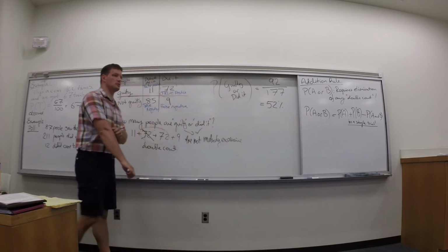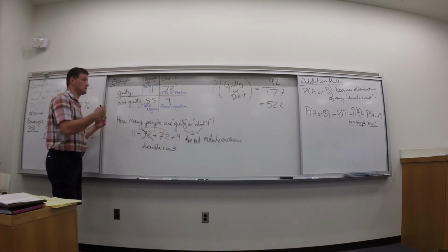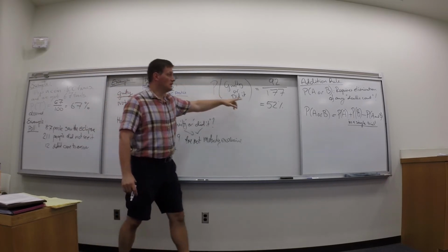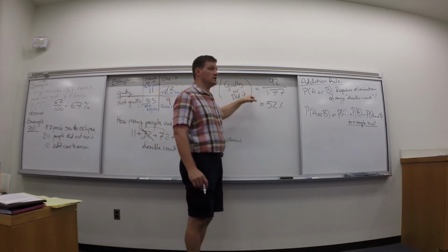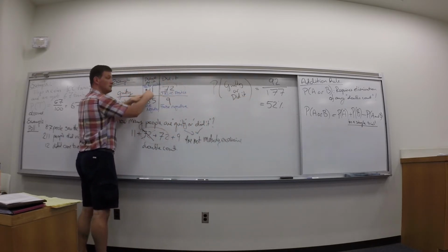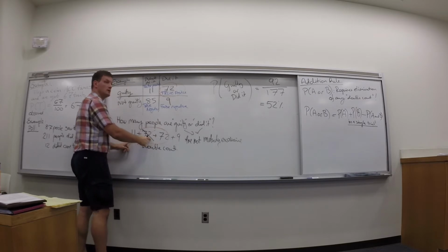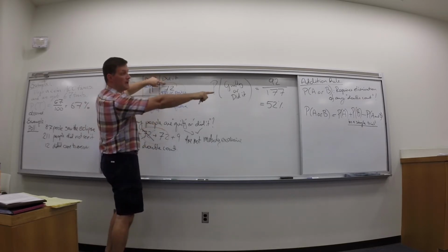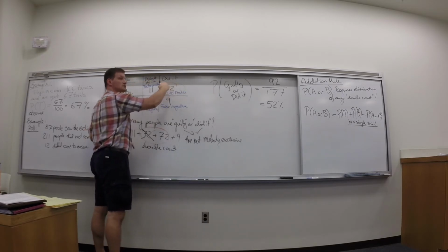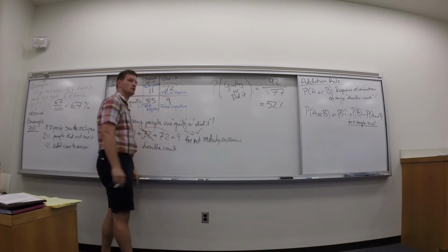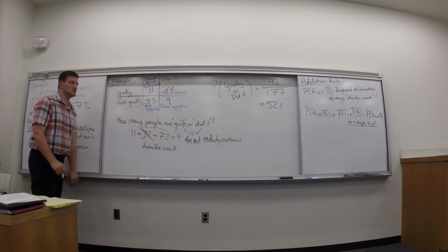When we deal with addition, or with statements like, what's the probability of guilty or did it? So let's look at event A is guilty, event B is did it. Event A, those two, event B, those two, and then A and B together, which is this. So you have 11 plus 72 plus 72 plus 9 minus 72. So this is how you do it.